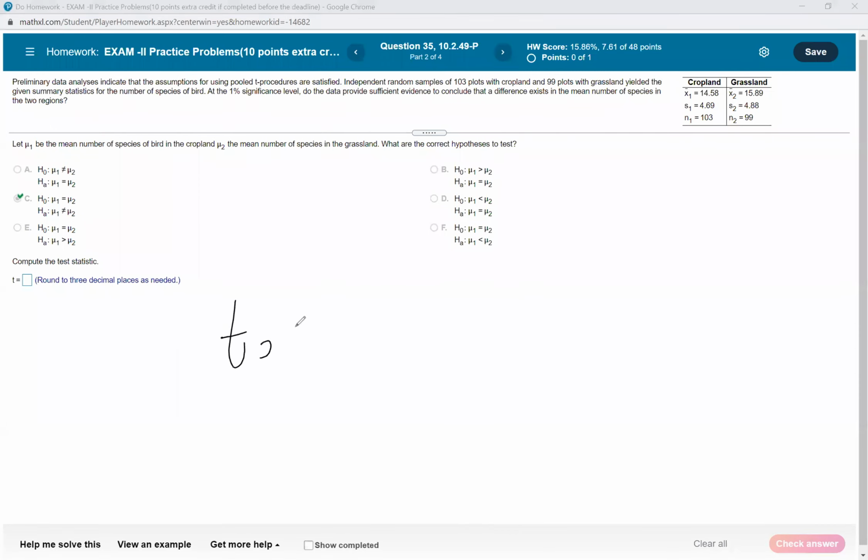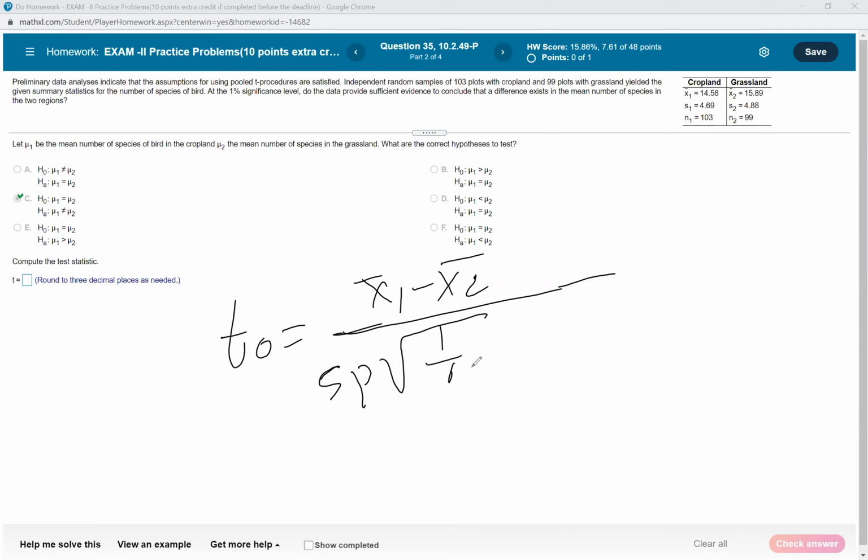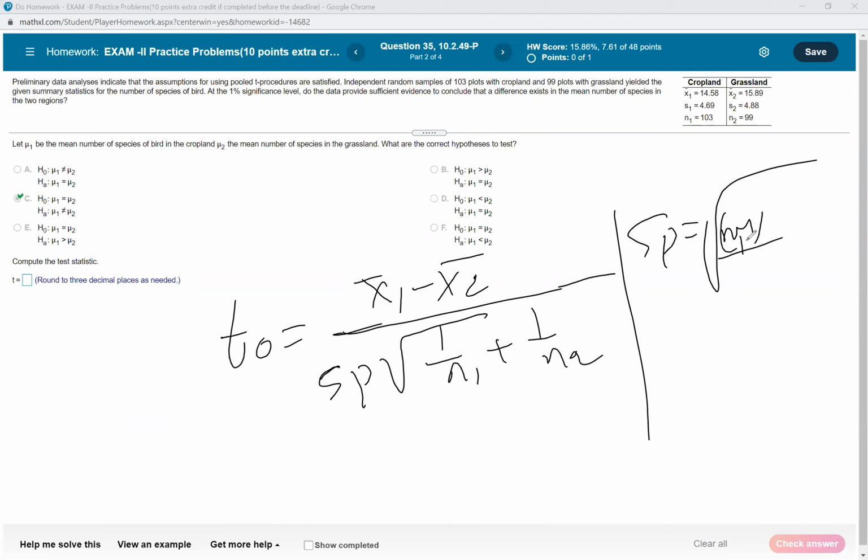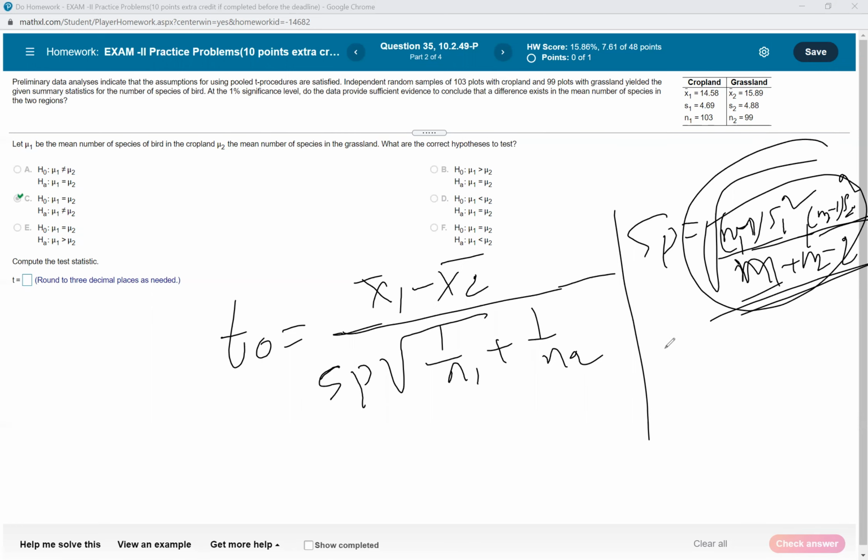T observed is this one, where Sp is the square root of n1 minus 1 times s1 squared plus n2 minus 1 times s2 squared, divided by n1 plus n2 minus 2. You have the formula, so I'm not going to write it out clearly. You can use the formula from the textbook or from the lecture notes.